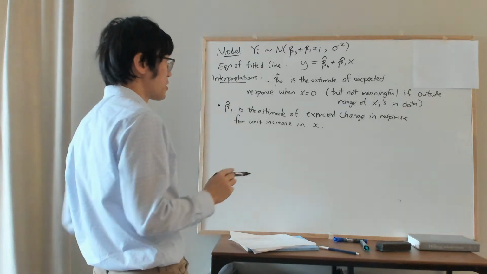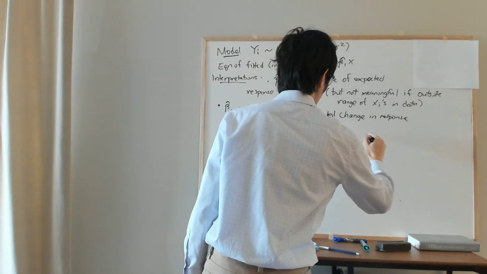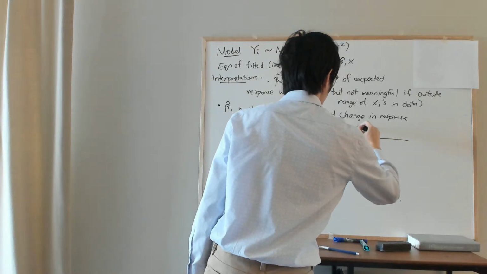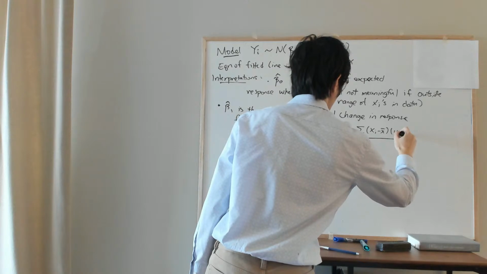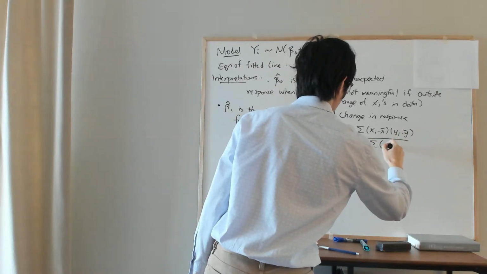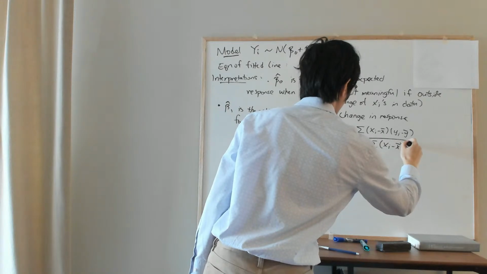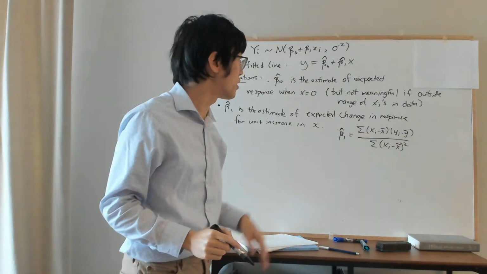Okay, so how do we calculate beta 1 hat? Remember we had this expression. Based on n pairs of data, we calculate the sum of xi minus x bar times yi minus y bar, and on the bottom, we have the sum of xi minus x bar squared. The summation goes over all data points, 1 to n.